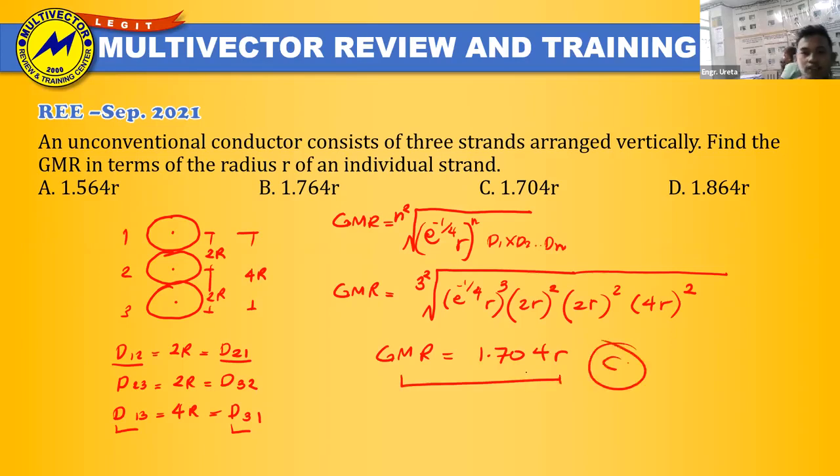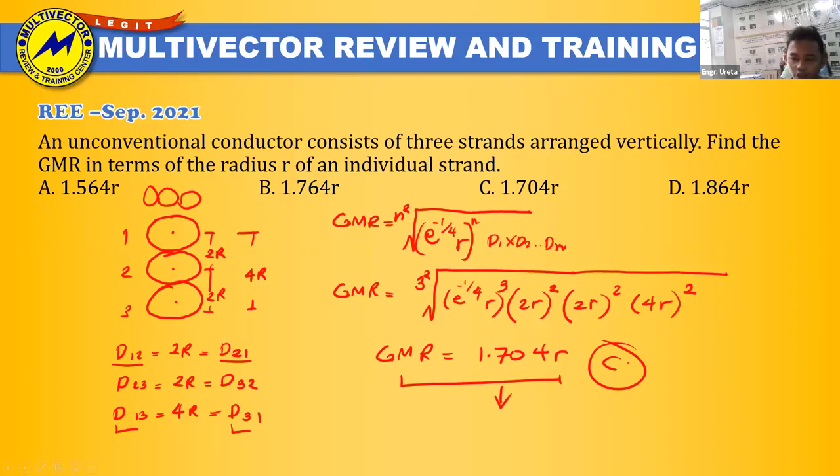Okay, so for this problem, tatandaan nyo, lumalabas ng actual board exam to. Kapag ang binigay is nakatayo, tatlo sila, vertically arranged, or horizontally arranged with respect to r, ito yung GMR. Pero ang tatandaan nyo rin sa board exam, itong 1.704 na to, lagi nasa choices to.